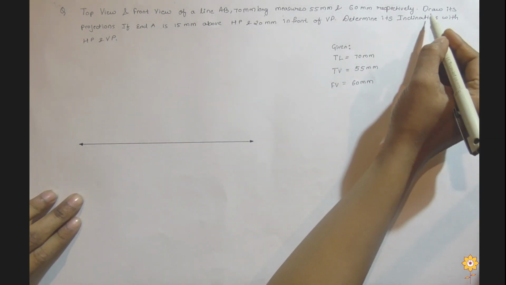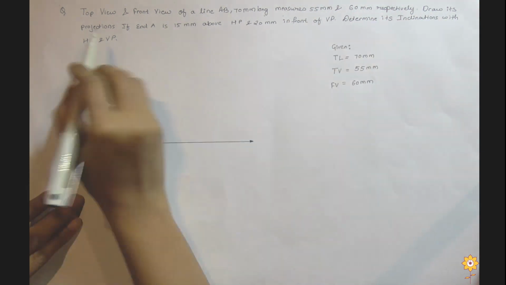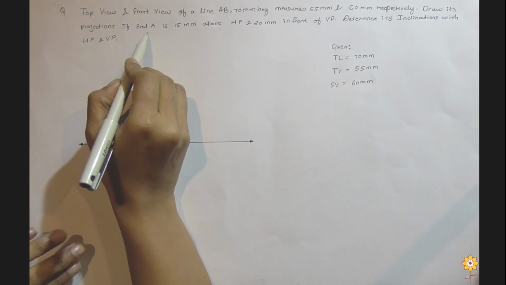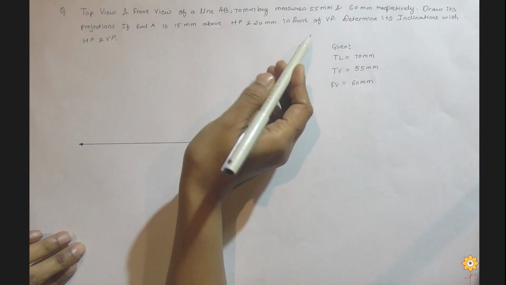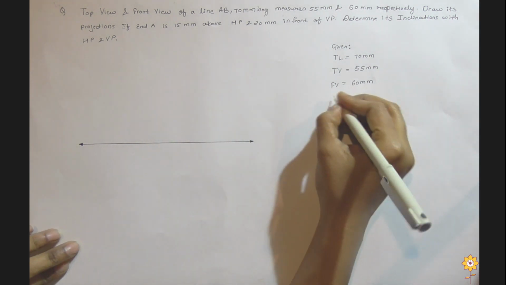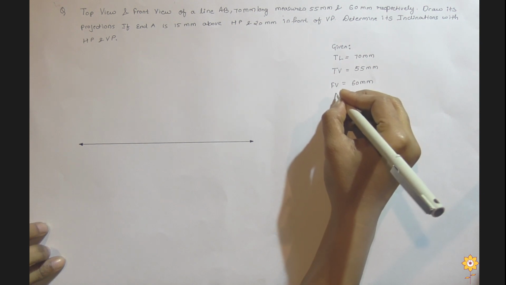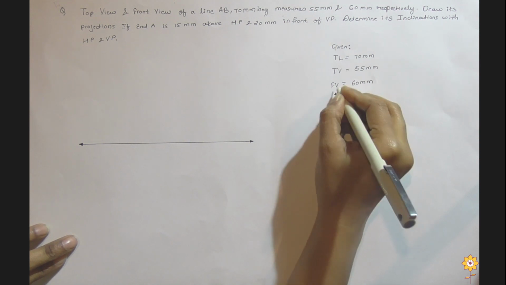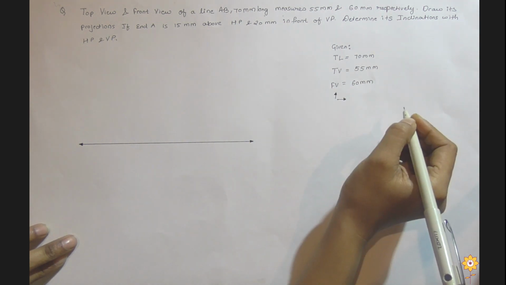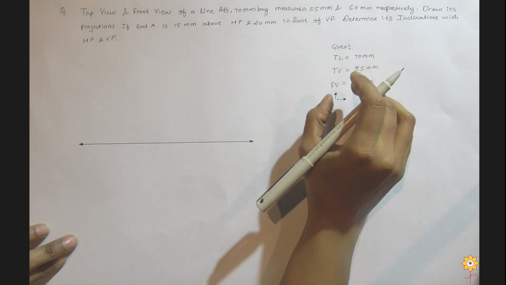Now the next line says draw its projection if end A is 15 mm above HP and 20 mm in front of VP. This is for first angle projection, so our question would be in first angle.